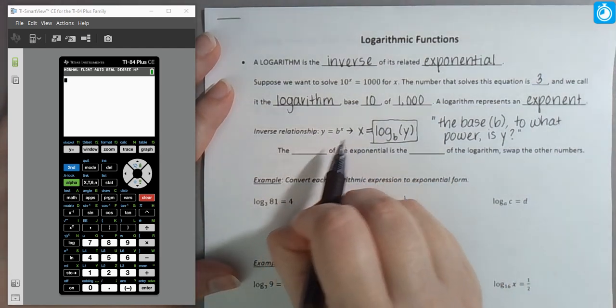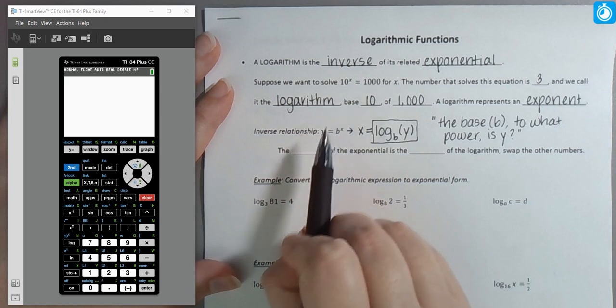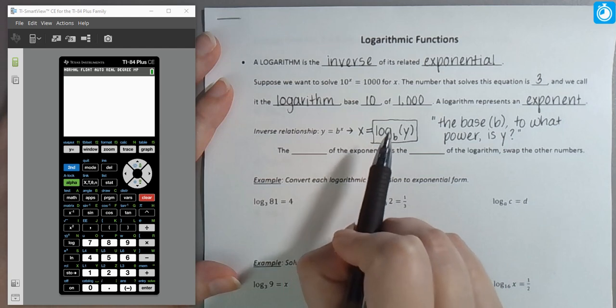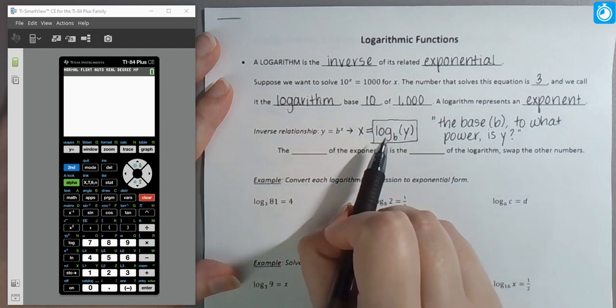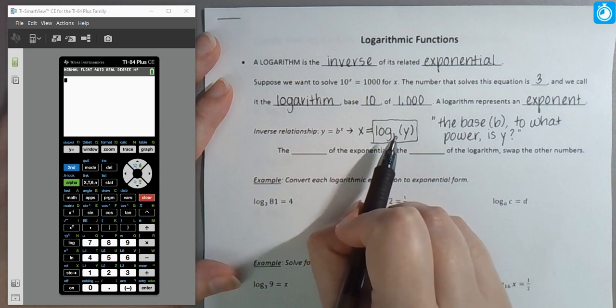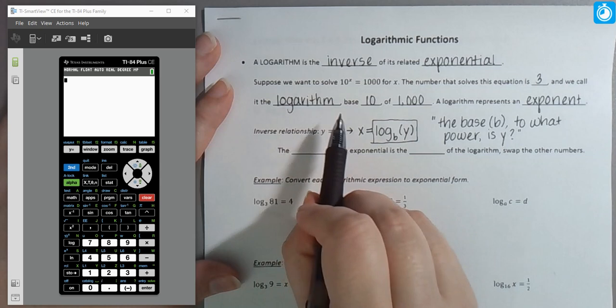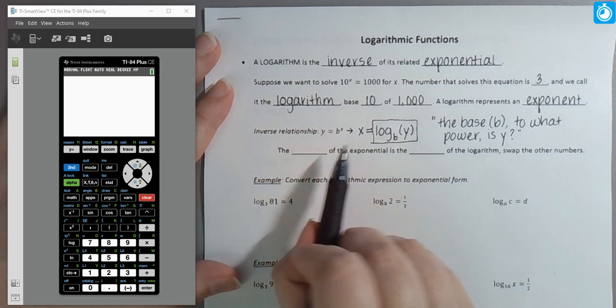The exponential statement tells us if we take our base and raise it to this power, we get out y. When we see something like this, it's asking us essentially to answer the question that we answered over here: the base, b, raised to what power would give us this value, y? Based on this statement, we know the exponent we would need to make that true would be the exponent x.